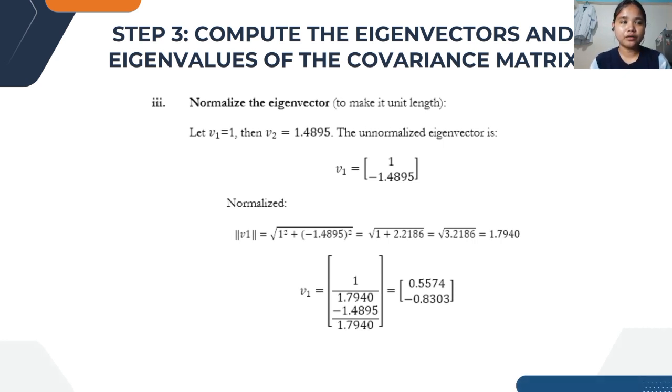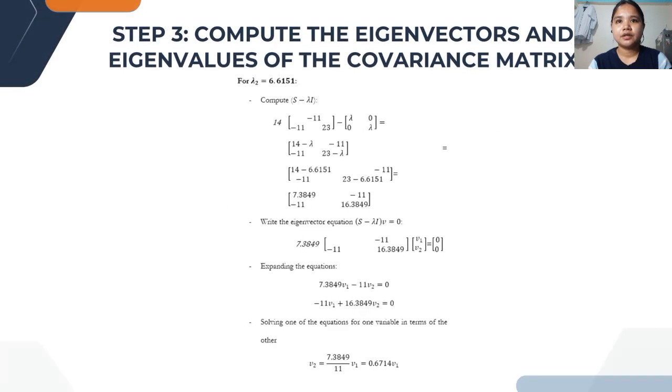So we already have the eigenvector for lambda sub 1. Now for lambda sub 2, we follow the same process, and we get a value of v sub 2, which is 0.6714 v sub 1, and we will use that in normalizing the eigenvector.